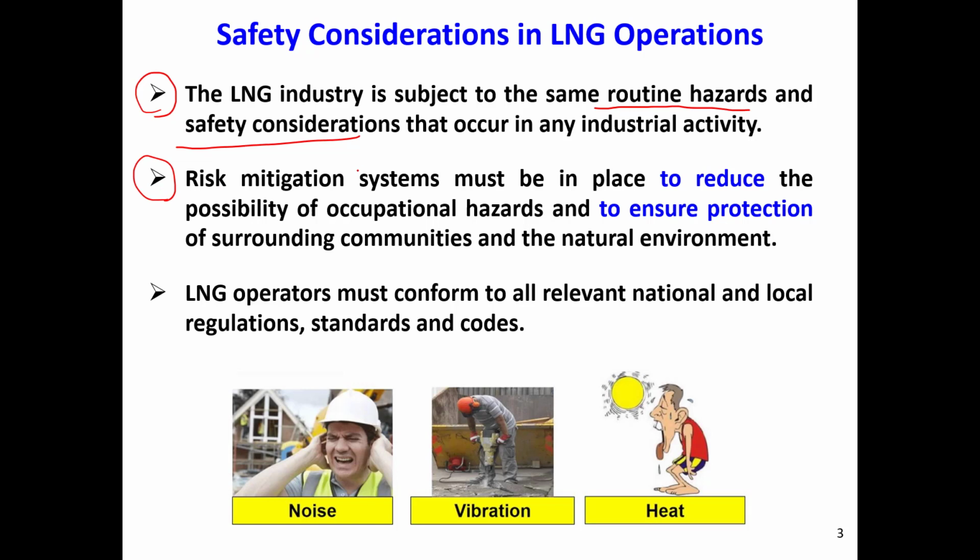Risk mitigation systems are like those systems, okay? When I talk about a system, it's not necessarily hardware. It can be software, it can be soft skills. Let's say risk mitigation means some systems that we design and plan to decrease the risk.